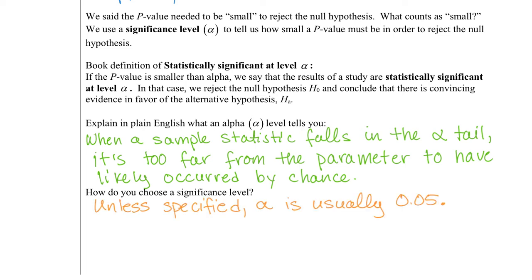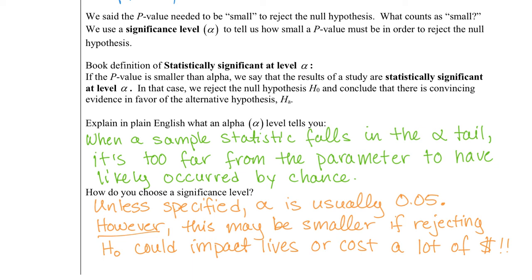Unless it's specified in a problem, alpha is usually set to 0.05 or 5%. So we're saying that if our sample statistic ends up falling in the lower 5% or the upper 5% of our sampling distribution, then we should reject what the population parameter is telling us.